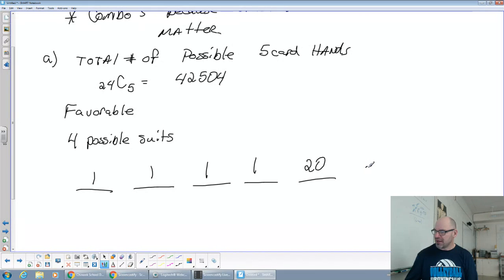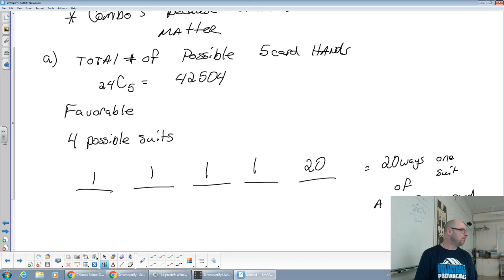So there are 20 ways to get one suit of ace, king, queen, jack, plus a card, because you have to have another card, right?